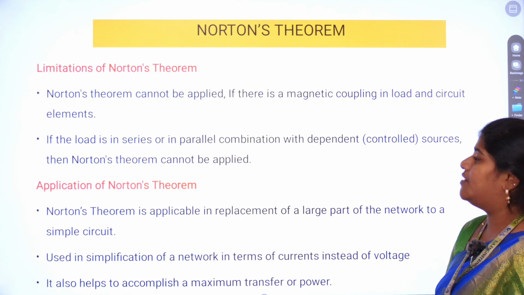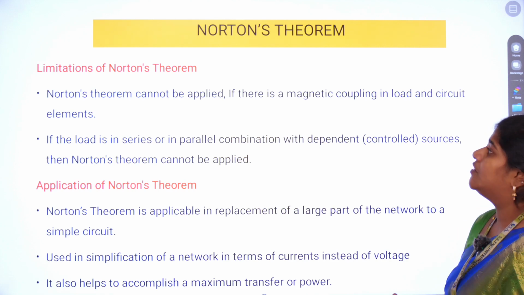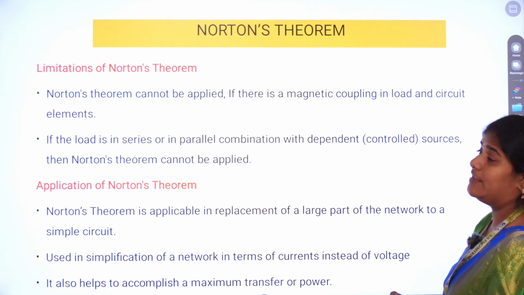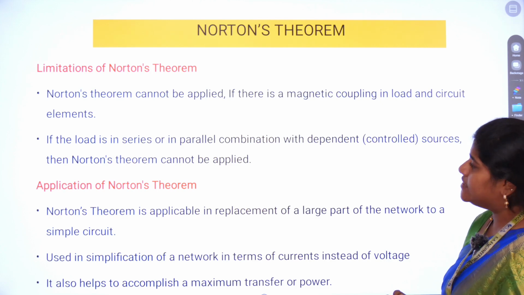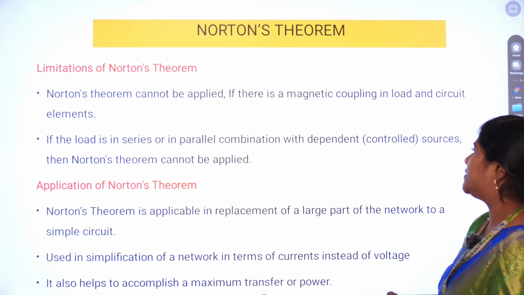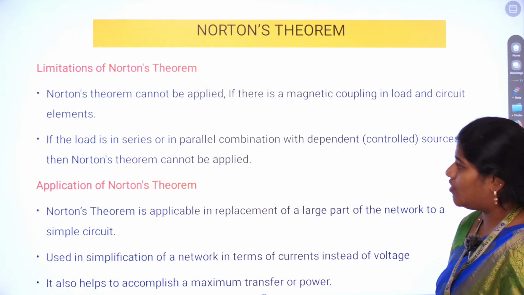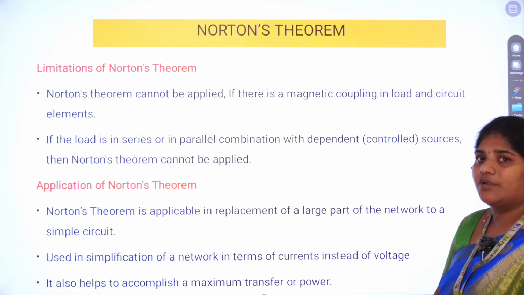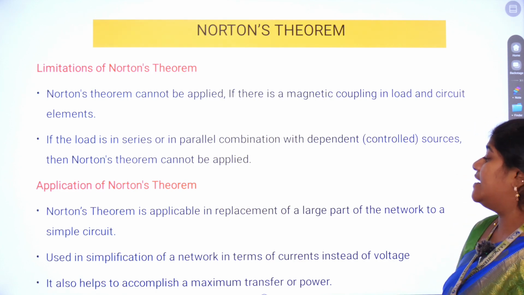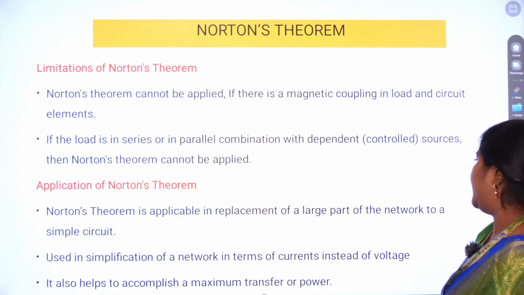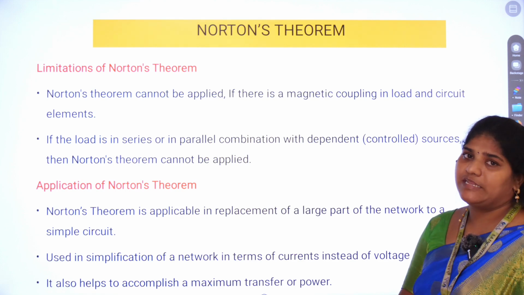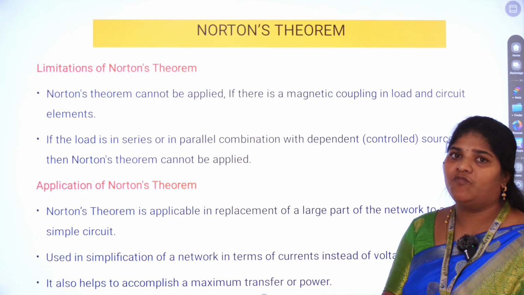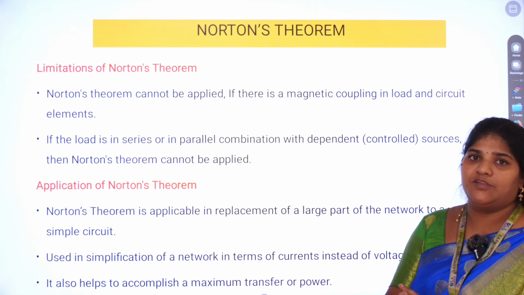And here come some of the limitations of Norton's theorem. It cannot be applied if there is a magnetic coupling in load and circuit elements. If the load is in series or in parallel combination with dependent sources, then Norton's theorem cannot be applied. Some of the applications of Norton's theorem: it is applicable in replacing a large part of the network with a simple circuit, so it is very helpful for reducing the complexity of the circuit.